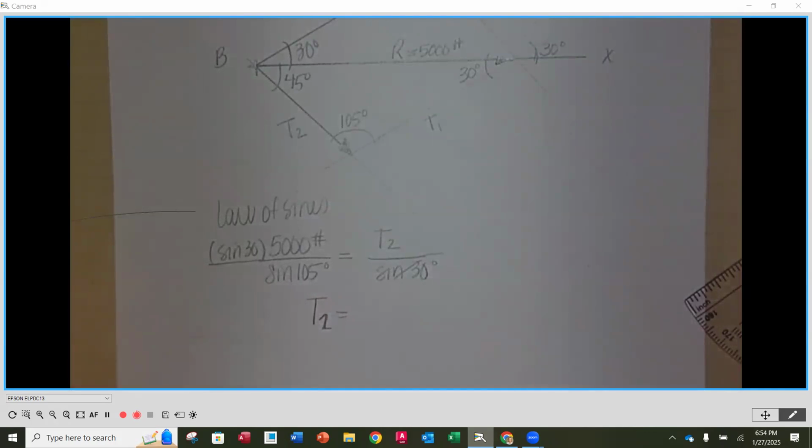I got T2. I get 2588.2, and that's going to be pounds.